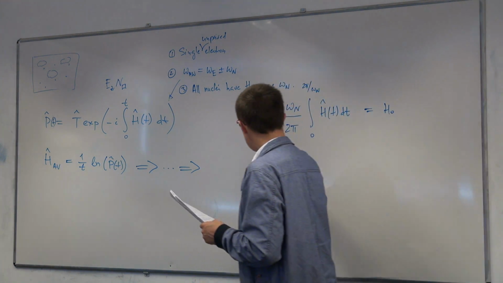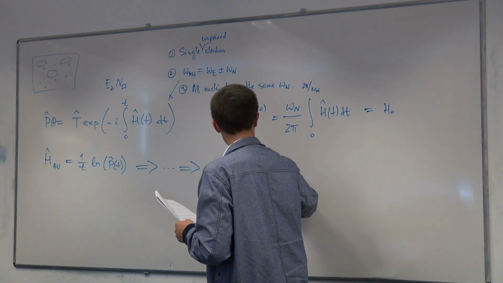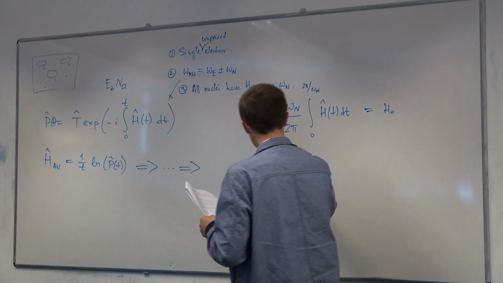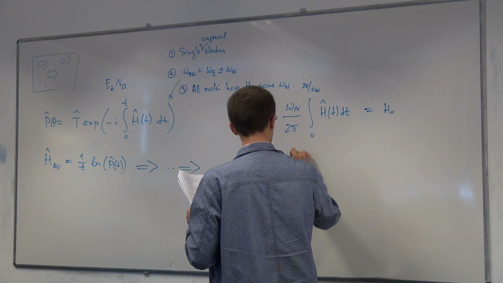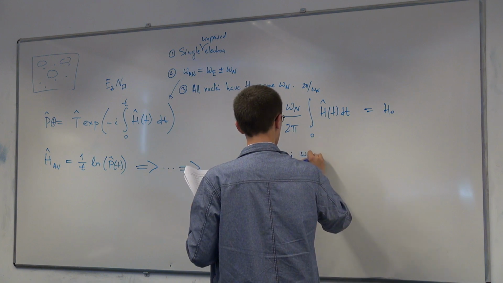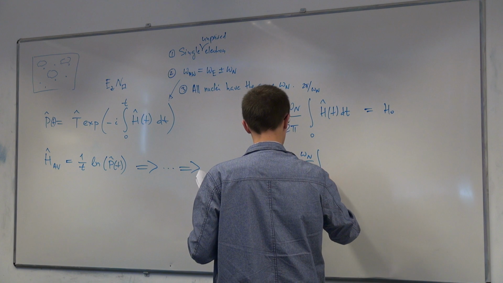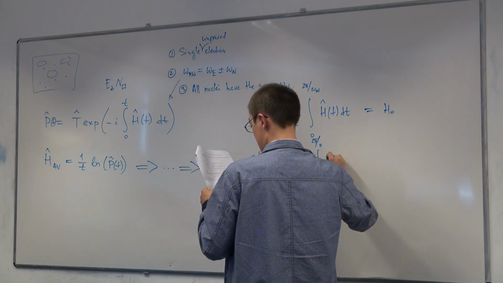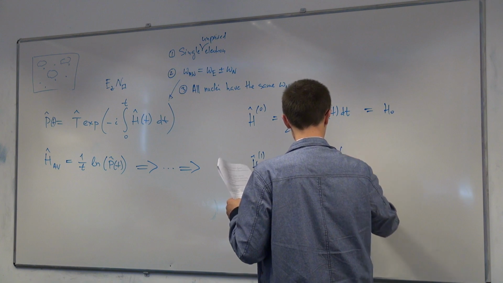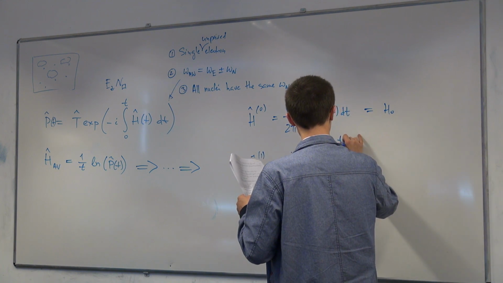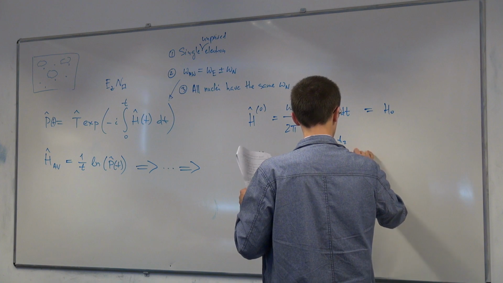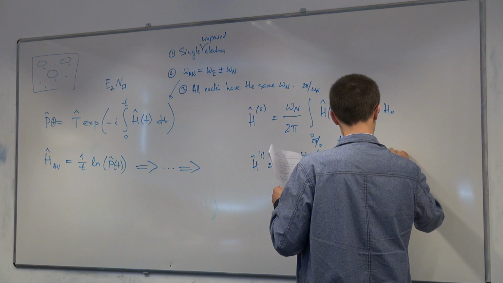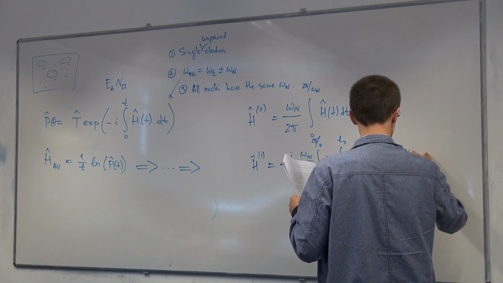Then the second approximation, where the effect of the time-dependent term is included to some extent, involves a commutator, so minus i over 2, omega n over 2 pi, integral from 0 to the length of the period, dt2, another integral from 0 to t2, dt1, and then a commutator of h hat of t2 with h hat of t1.